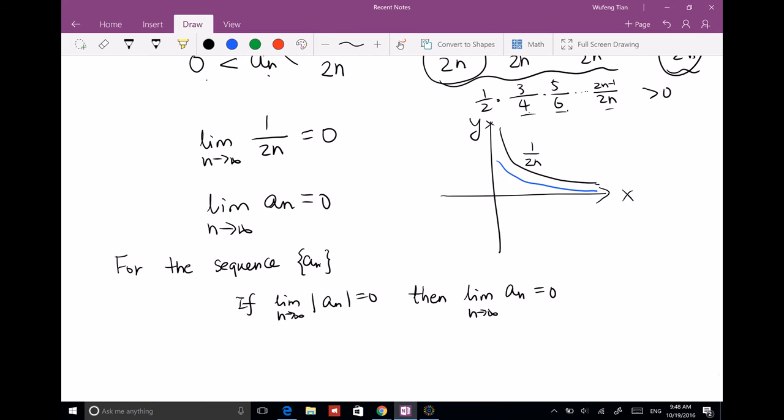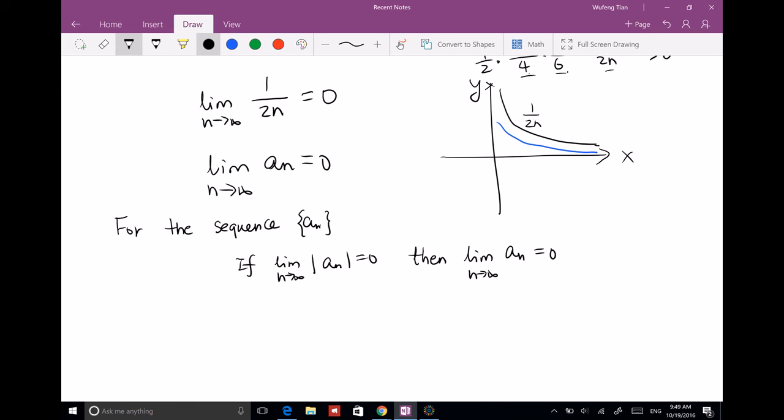If you add absolute value on the sequence and it goes to 0, then the sequence itself goes to 0 as well. Why is it like that? Because if it's negative, with absolute value it becomes positive and goes to 0, so it will go to 0 as well itself. No matter if it's positive, it goes to 0. If it's negative, it converges to 0 as well. That makes sense, right?